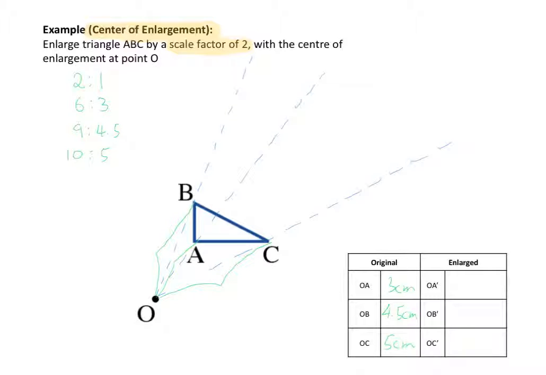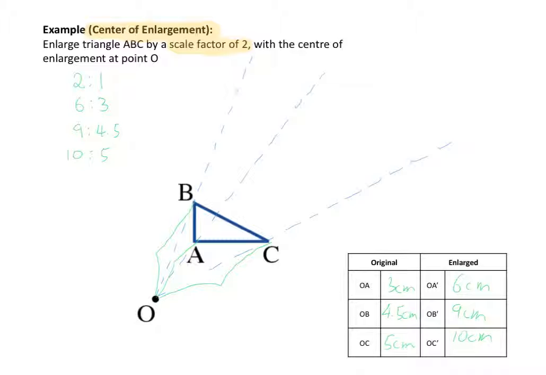So O to the new A is going to be 6 centimeters. O to the new B is going to be 9 centimeters. And O to the new C is going to be 10 centimeters. Now that I have my measurements, I need to go back and start drawing my new triangle, placing my ruler back at O along the guideline.